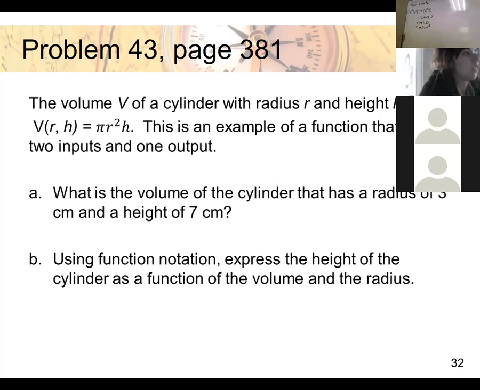Okay. All right, any questions on part A? I think in WebAssign, they may have the units already there. Any other questions?